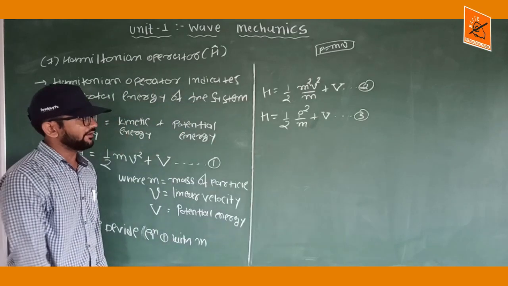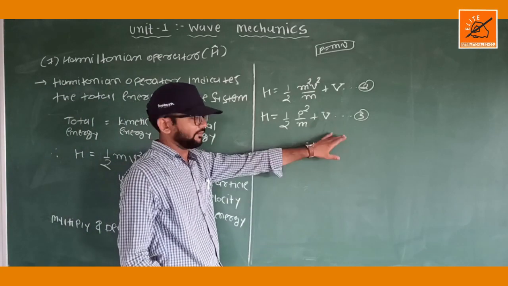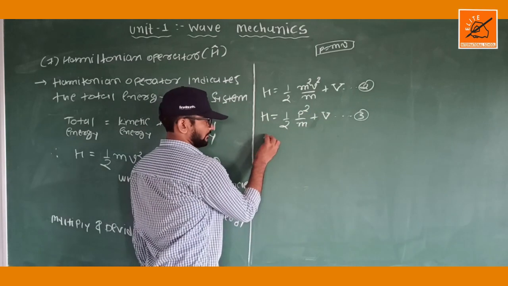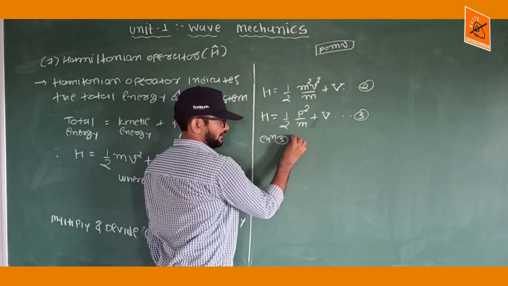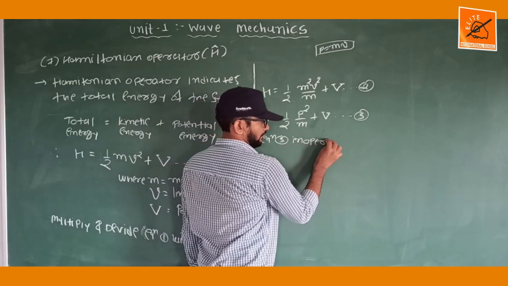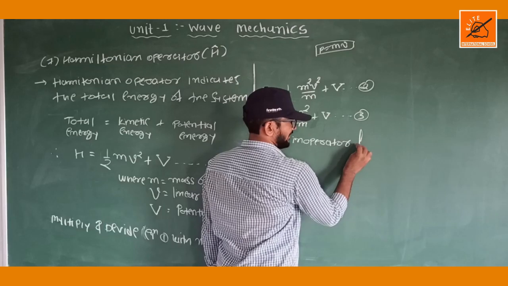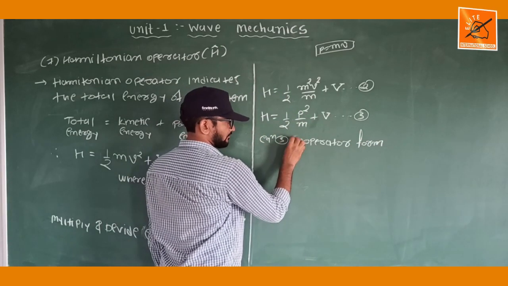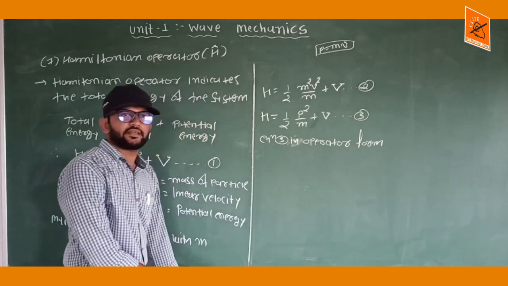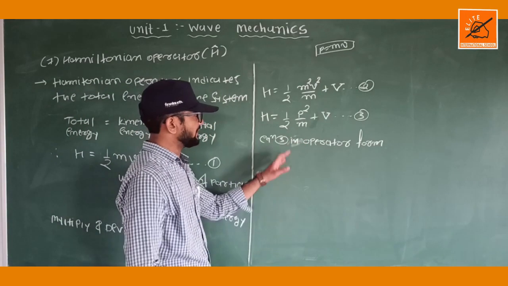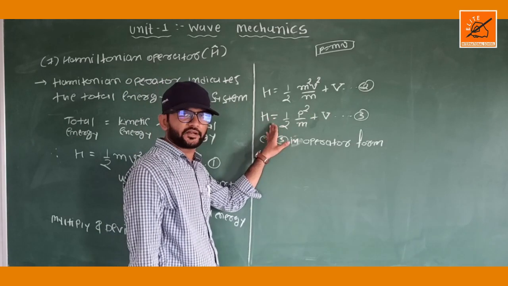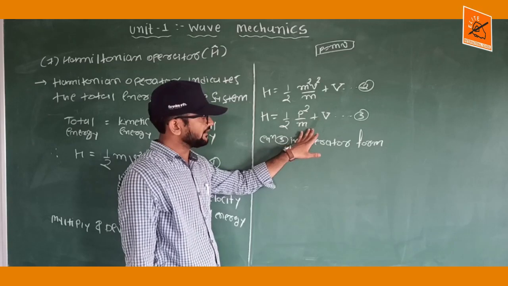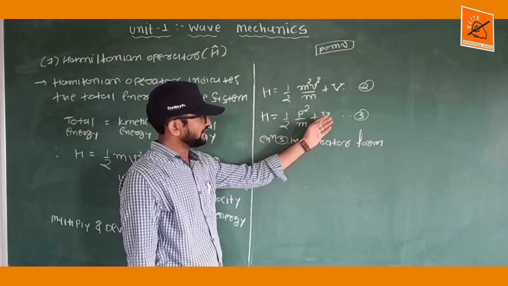Now we write equation 3 in operator form. Here H is the Hamiltonian operator, P indicates the momentum operator, m is the mass of the particle, and capital V is the potential energy.